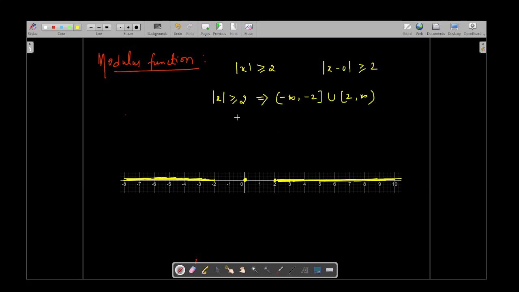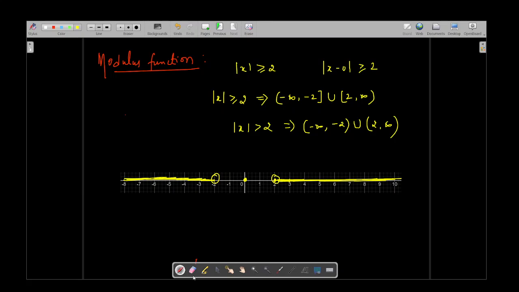If I write only that the distance is greater than 2, then I cannot consider 2, so these two will be excluded. I should have written it like this: minus infinity to minus 2 open brackets, and union 2 to infinity. So this is what it means.